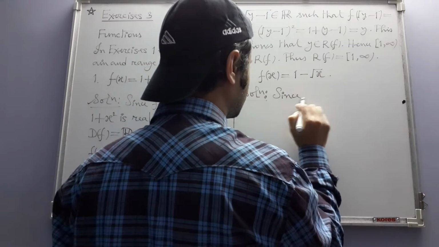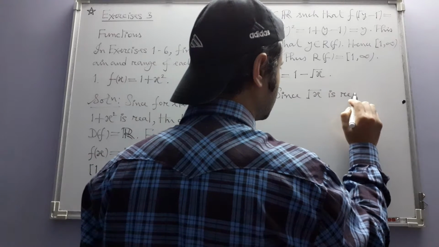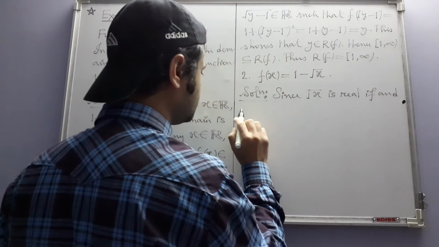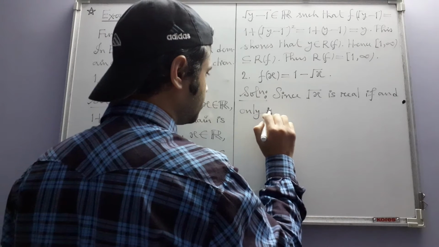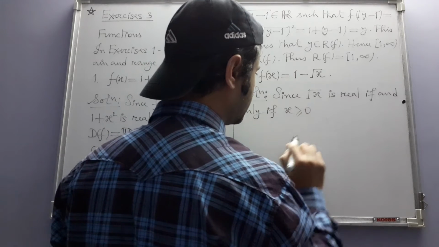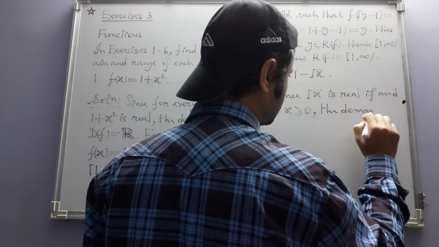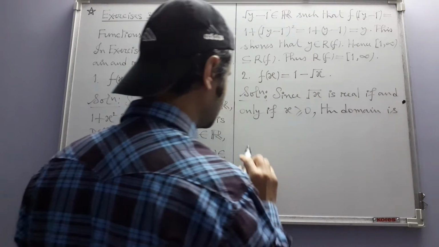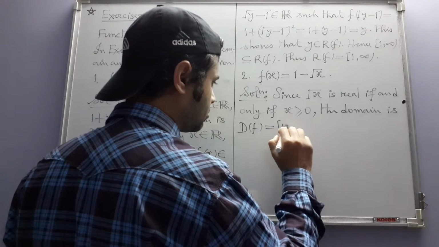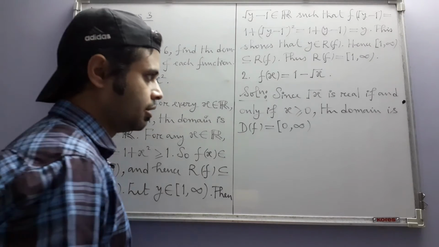Since square root of x is real if and only if x is greater than or equal to 0, the domain is the set of all non-negative real numbers, which itself is a closed ray.